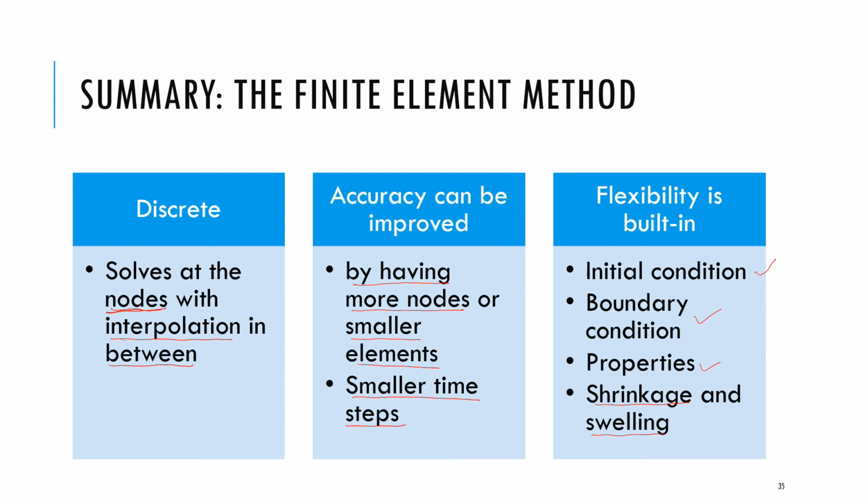All of these flexibilities are built in, and this is the reason why numerical methods have become the default for solving real-world problems, and finite element is the king of that. More of the physics are built into codes for solving different physics. More of those physics have been solved using the finite element method than perhaps any other numerical method.